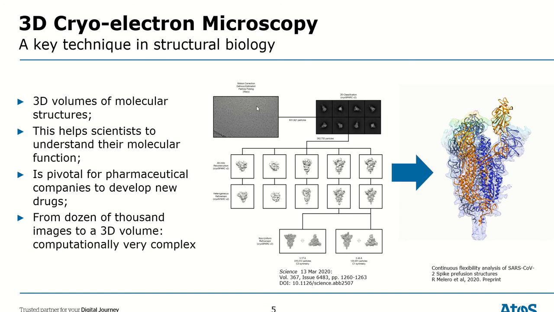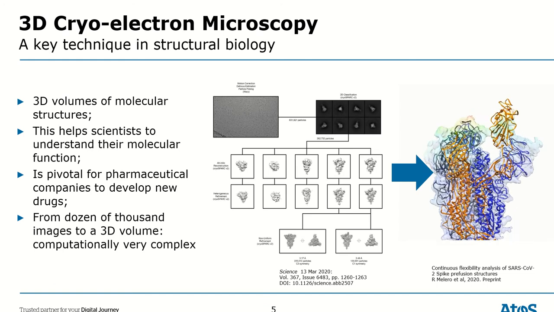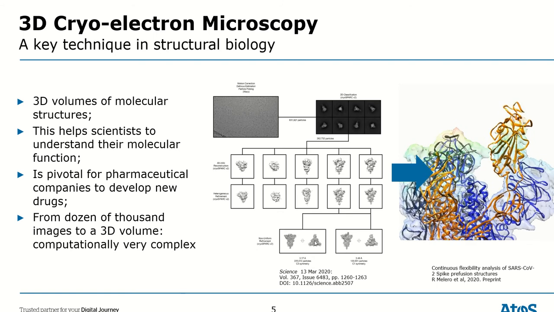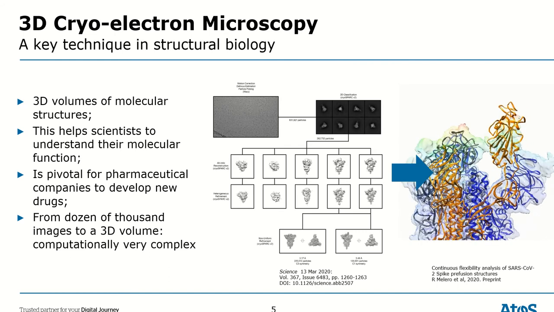Well, it seems that it's not very promising, isn't it? So how do you get from this here to this kind of representation? It is a very complex processing workflow where you need high performance computing.